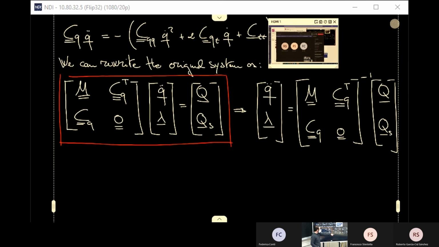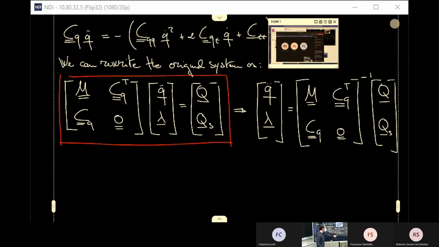So we had a new form that allows us to solve the system through a matrix inversion, at the cost of transforming algebraic equations into differential ones, which is not always a desirable thing to do because you increase the level of complexity of the system.